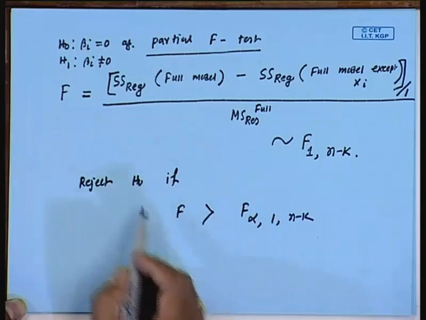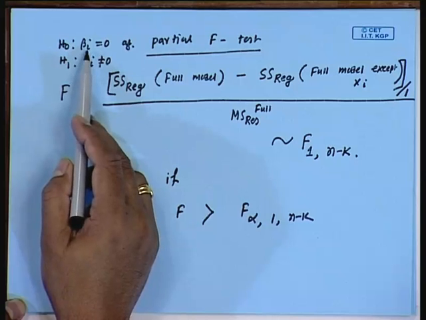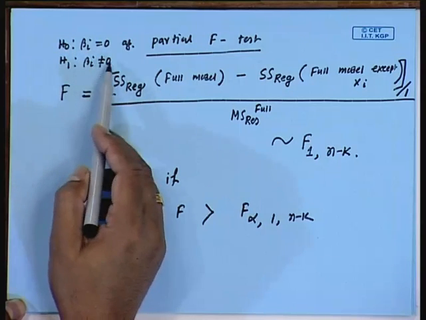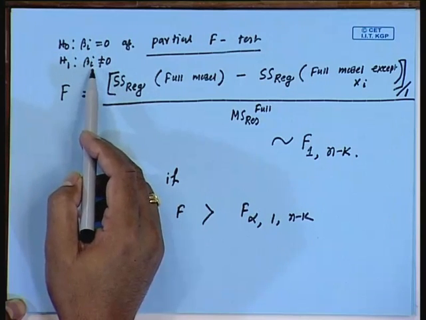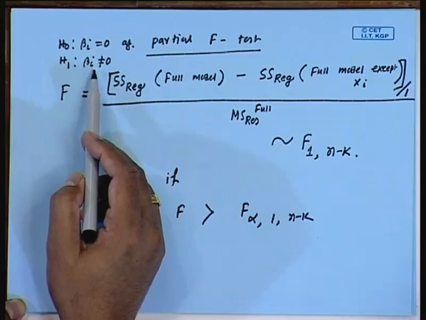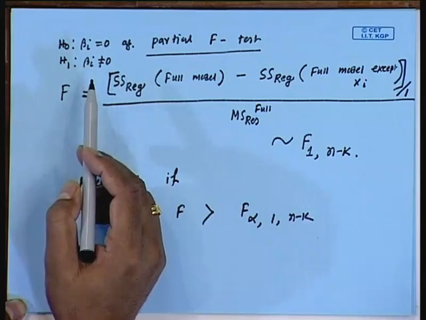Rejecting H naught means accepting the alternative, that means x i, the i-th regressor, has significant contribution to explain the variability in y in the presence of other regressors in the model.